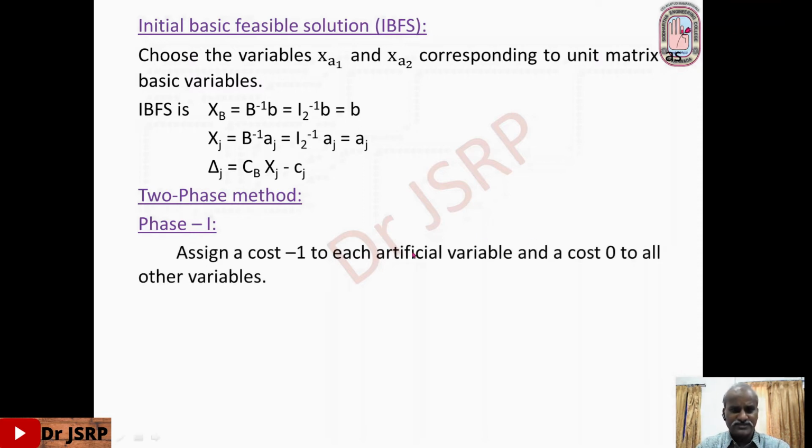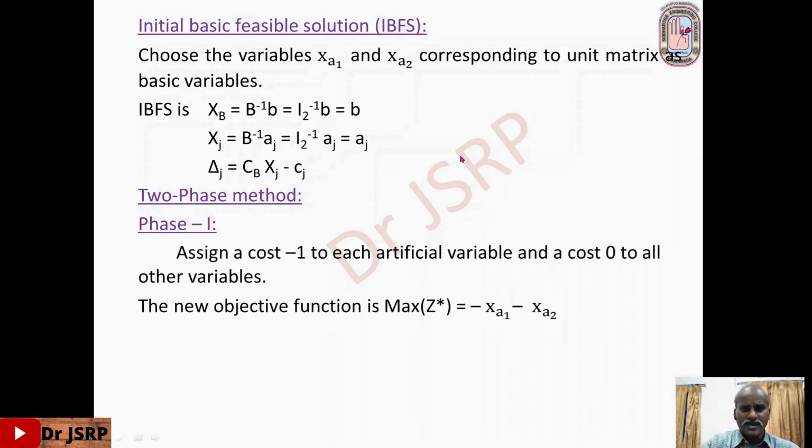Then the objective function becomes minus 1 into xa1 plus minus 1 into xa2, that is minus xa1 minus xa2, and the cost is 0 for all other variables. That means the remaining terms become 0 in the objective function. So we get the new objective function, z star equal to minus xa1 minus xa2. We maximize this new objective function subject to the given constraints.